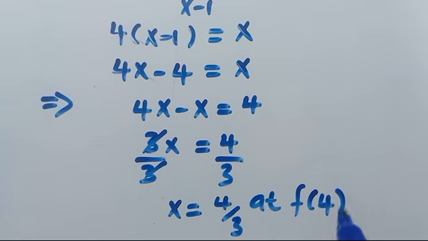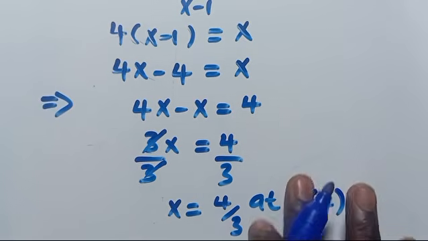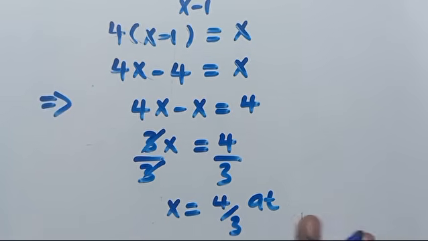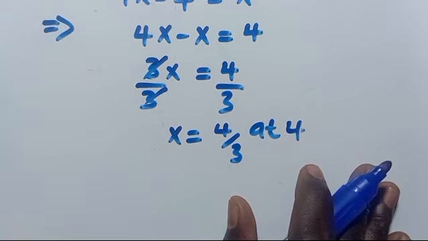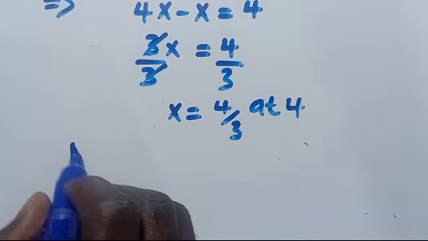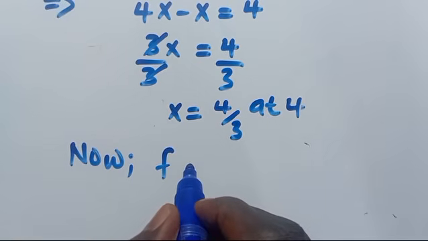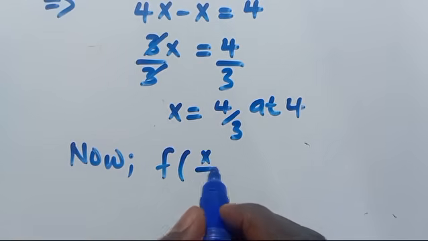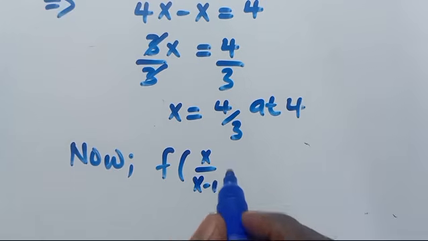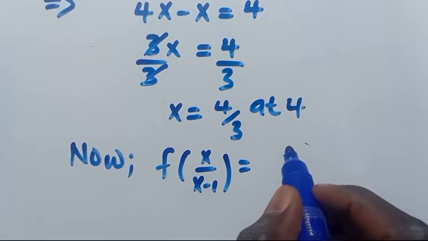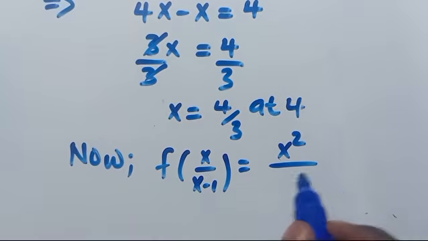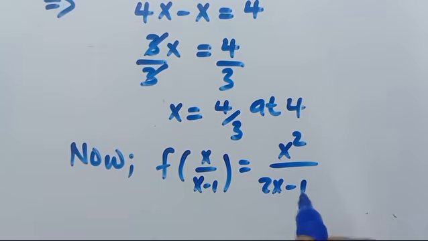So at f of 4, from here now, we have f of x over x minus 1 equals x squared over 2x minus 1.